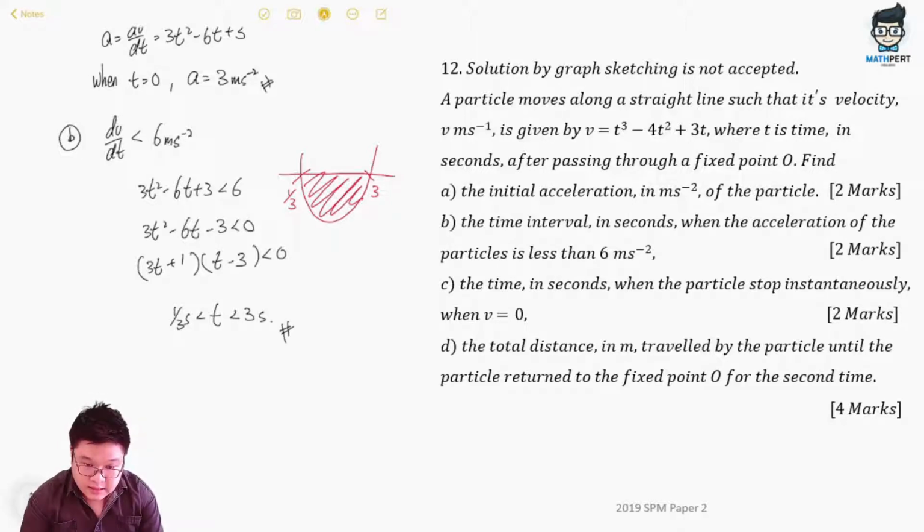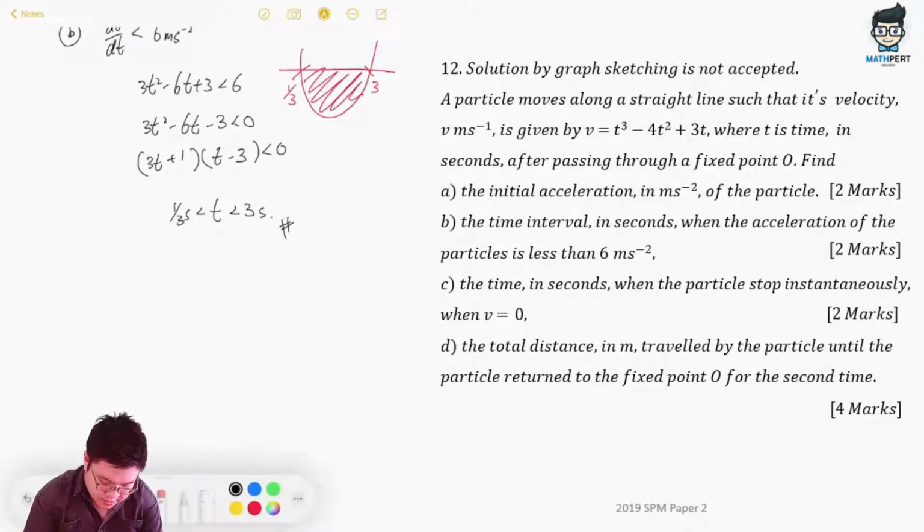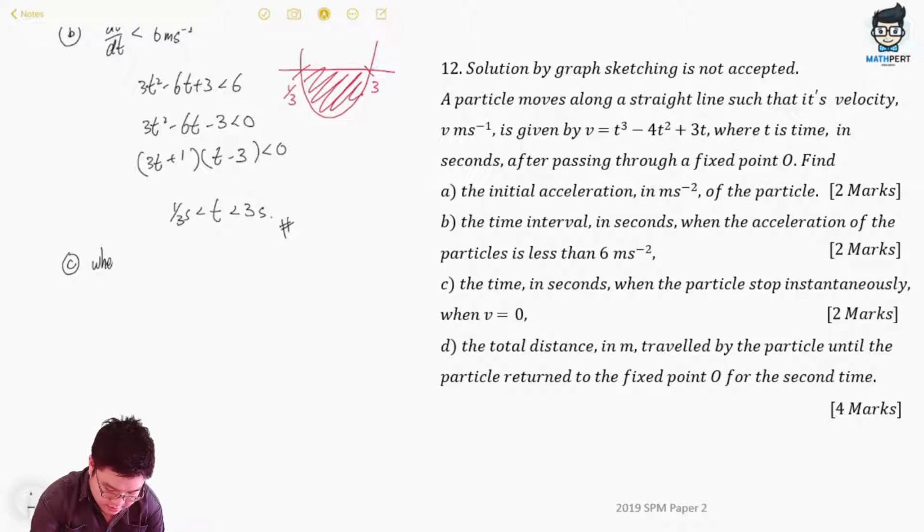So part C, the time in seconds when the particle stops instantaneously. Okay, so that means we are using the velocity formula, when v equals 0, t cubed minus 4t squared plus 3t equals 0. We factor the t out, I will get t squared minus 4t plus 3 equals 0.